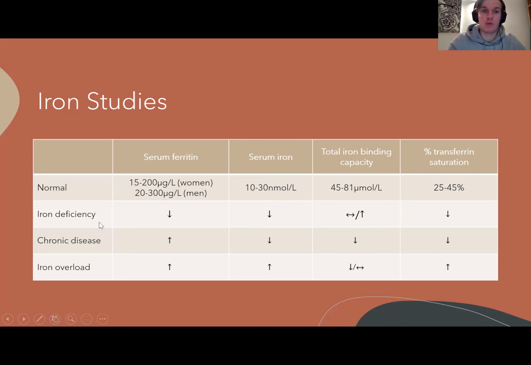Because you're making more transferrin and there's not much iron kicking around in your system, your transferrin saturation is going to go down. It is going to be less.